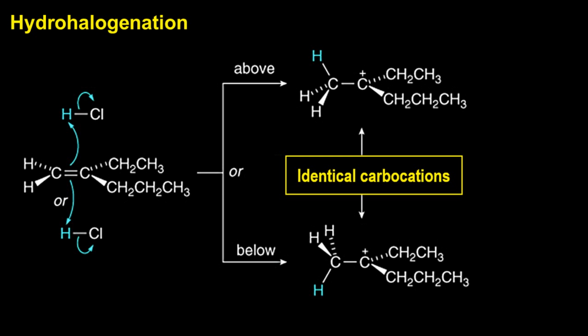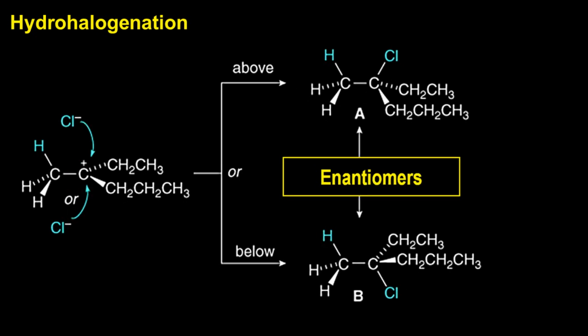So how do we end up with both enantiomers? Well, remember, the alkene is planar. That means HCl can approach from either the top face or the bottom face. And here's the key. The carbon that gets the hydrogen doesn't become a chiral center. So it doesn't matter which side the hydrogen adds from, you still end up with the same carbocation intermediate. That carbocation is flat, and because it's planar, Cl- can attack from either face just as easily.